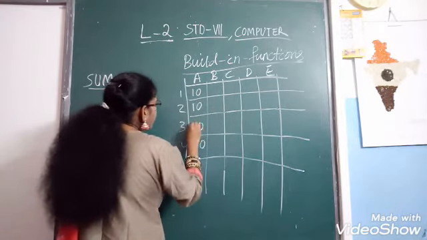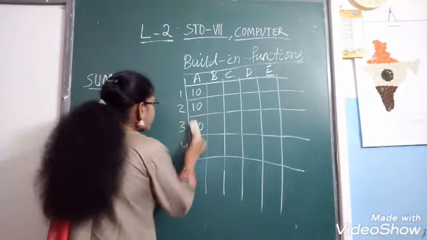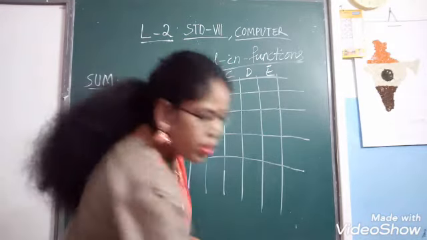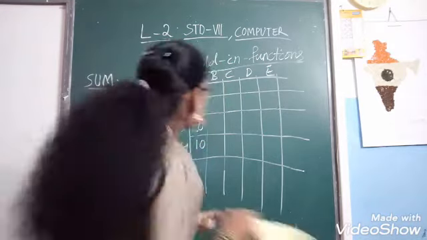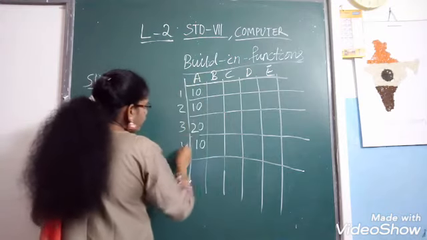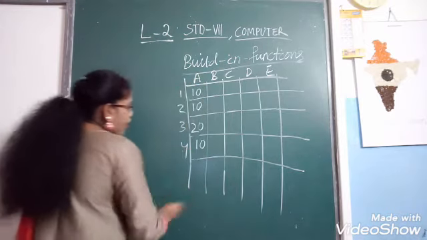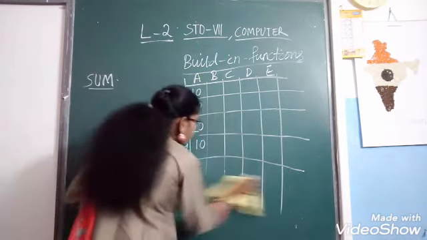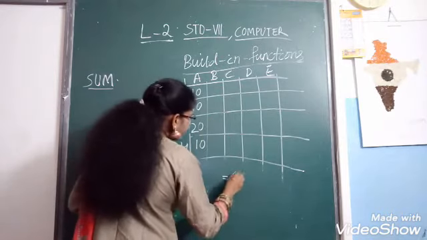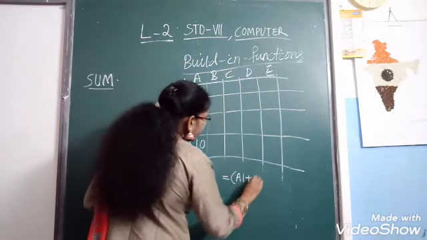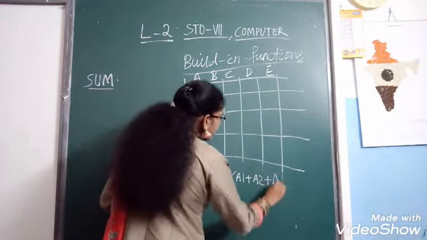Now I want to add from A1 to A4. So before, how did I write the formula? For writing any formula, first is equal to, then I used to write A1 plus A2 plus A3 plus A4.